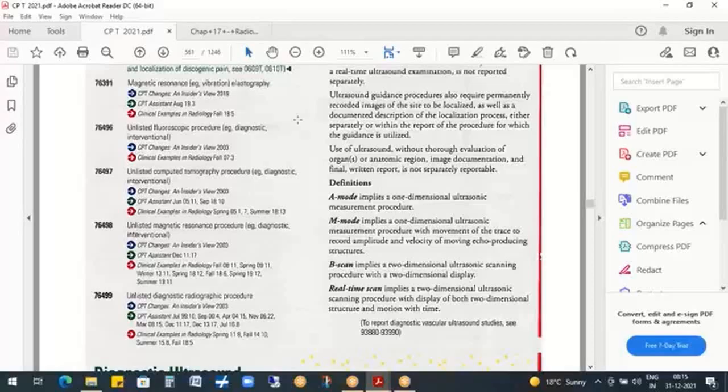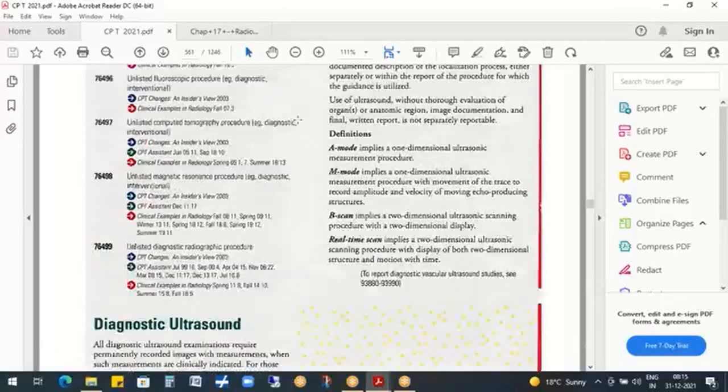On my screen, can you look at the page number? Yes, sir. Just write it down. Ultrasound means high frequency sound waves.